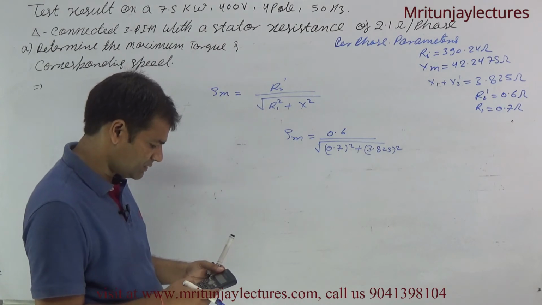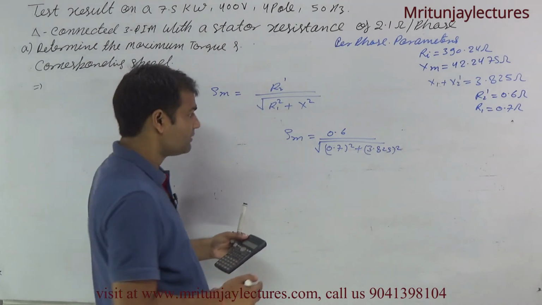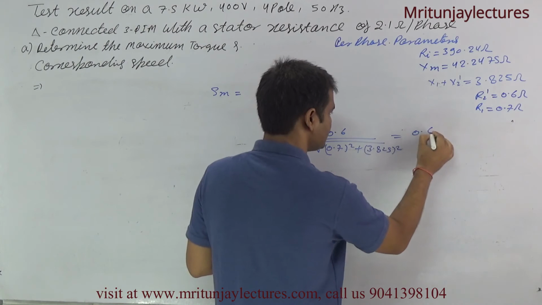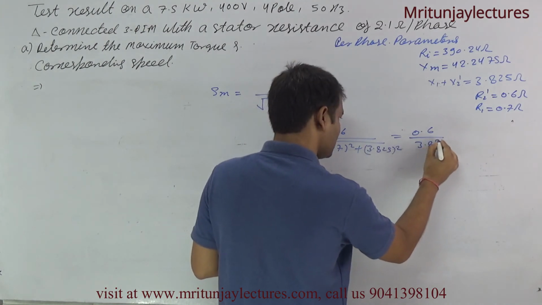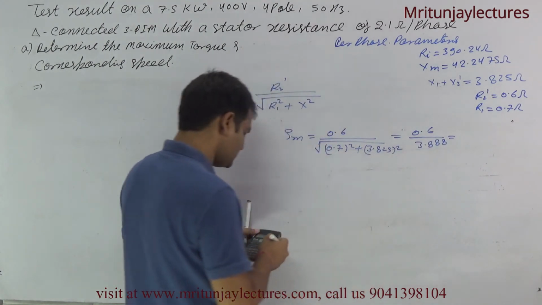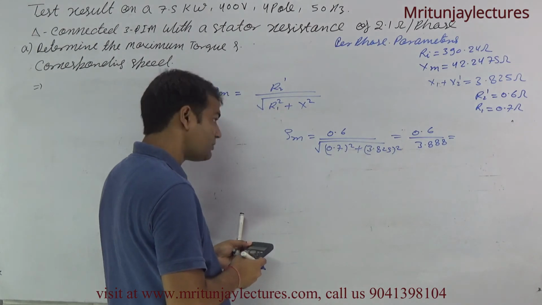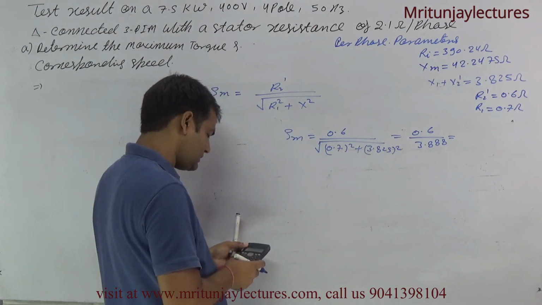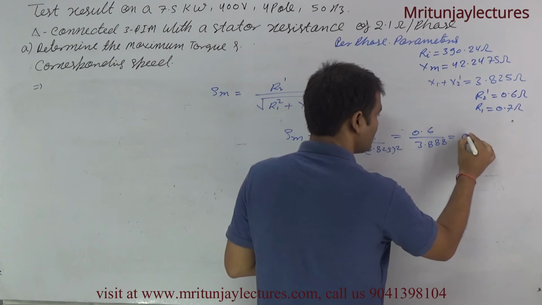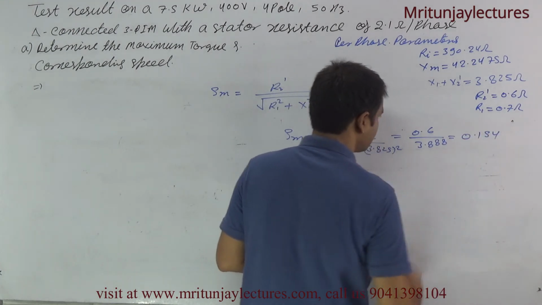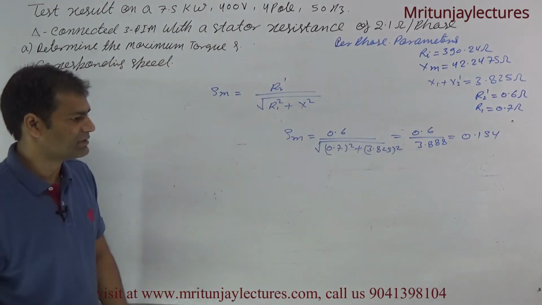Under root of this is 3.888, so we get 0.6 divided by 3.888, that is 0.154. Okay, that is the maximum slip.